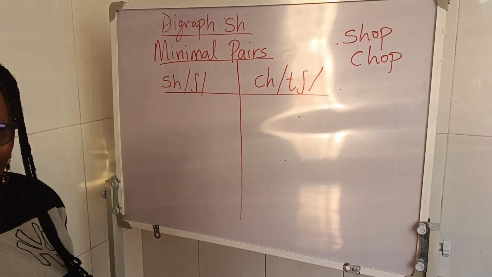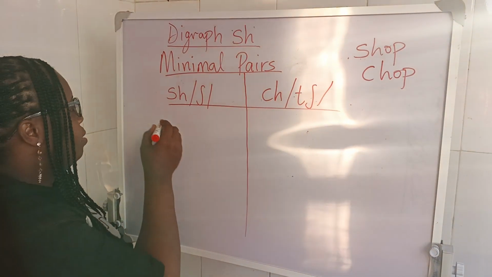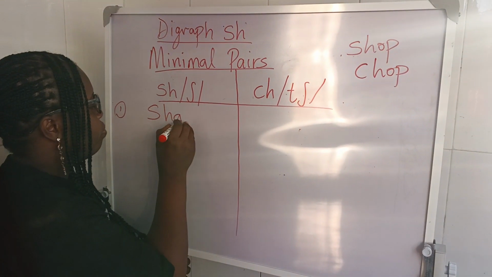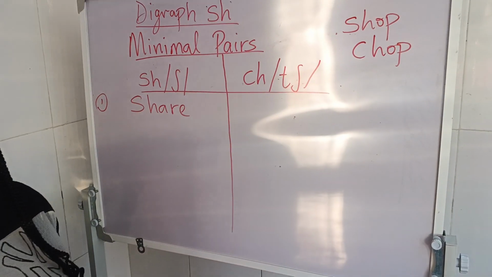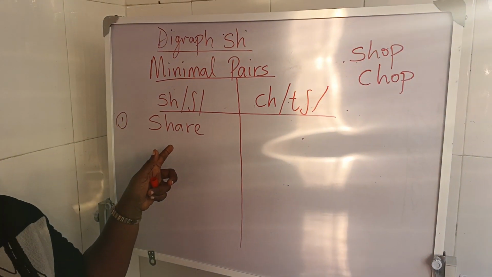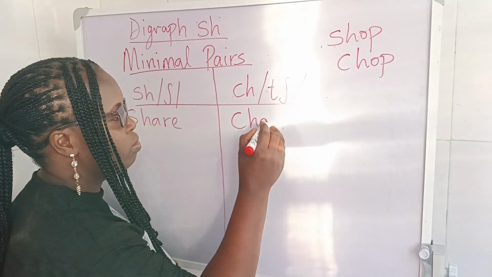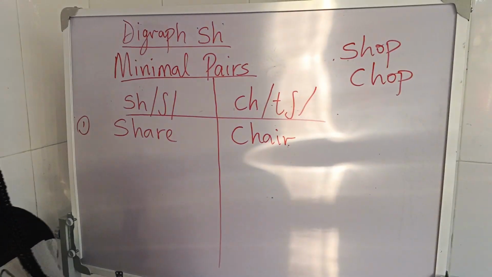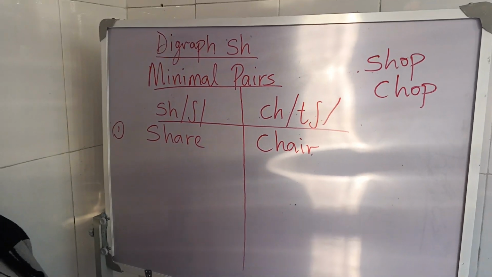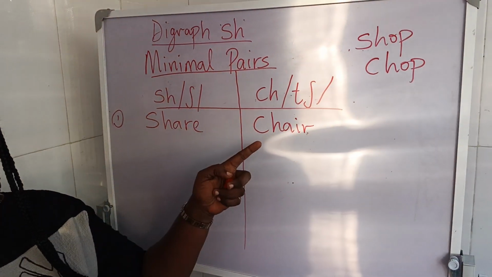Now let's look at some examples under these two. Number one, we have share. What is the minimal pair for share? We have cheer. That's the minimal pair for what? Share. Share, cheer.